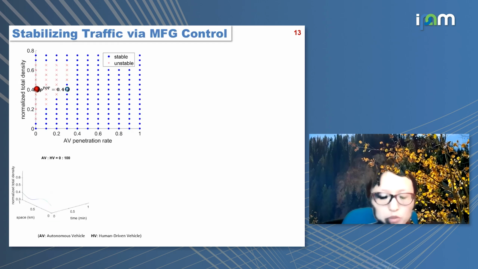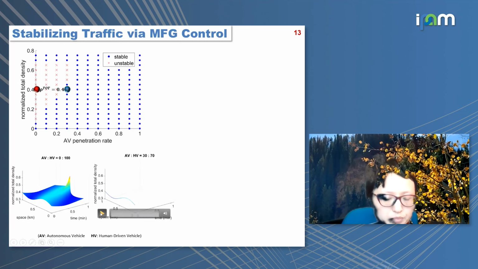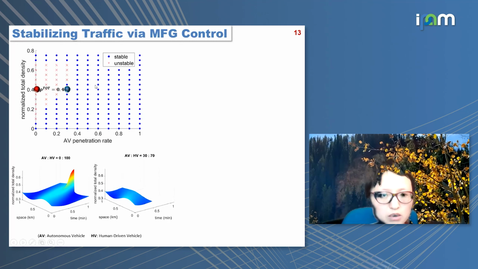When the total density is 0.4, if we don't add any AV, we plotted the density wave as time evolves, and you can see eventually shock waves, stop and go waves, are formed. But if we add 30% of AV, it actually stabilizes the traffic. So you can see that when rho is equal to 0.4, we need at least 20% of AV to stabilize the traffic.